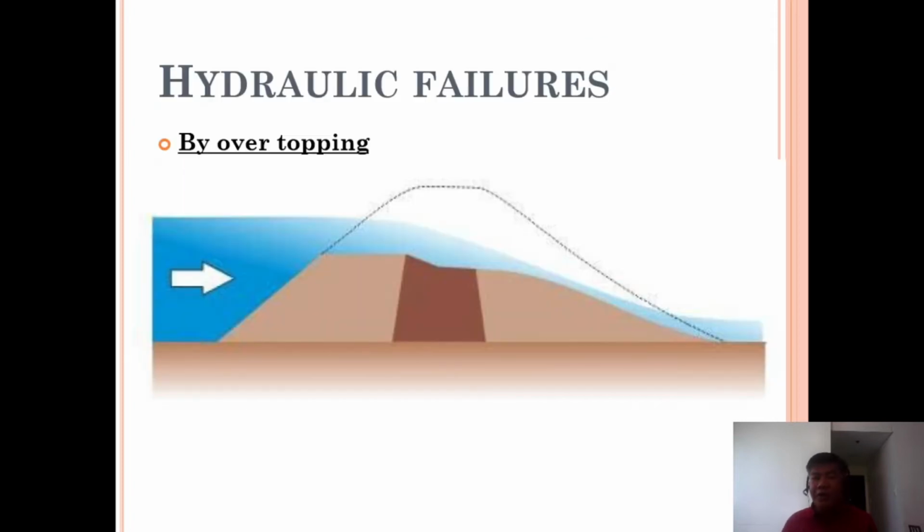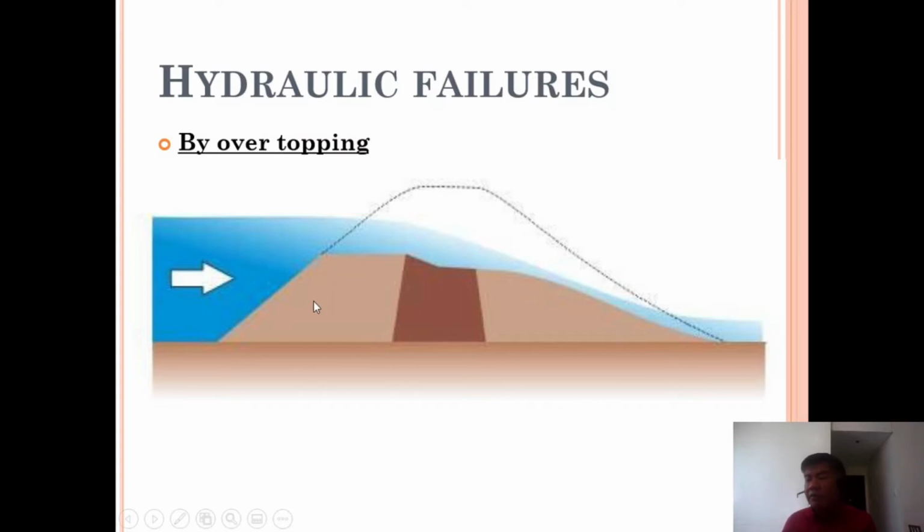Hydraulic failures include overtopping. Of course, this applies if the earth dam is not designed for overtopping. Unlike concrete, where if there is excess water you can just open the gates or let it overtop the structure and it is okay, take note that an earth dam is made of earth material.